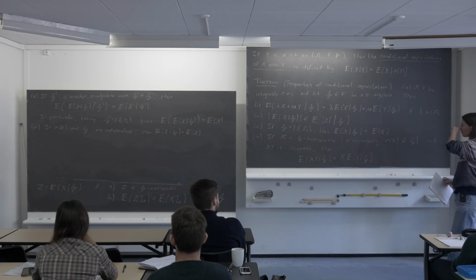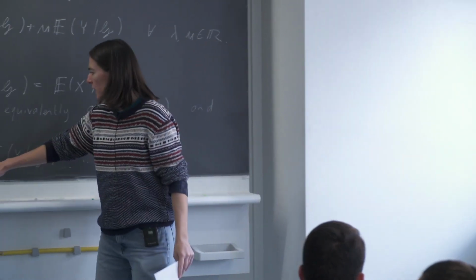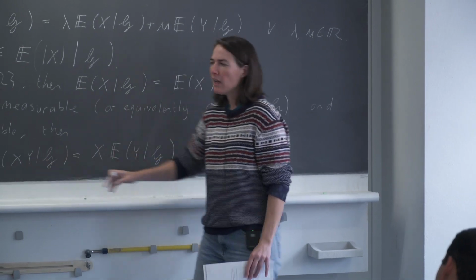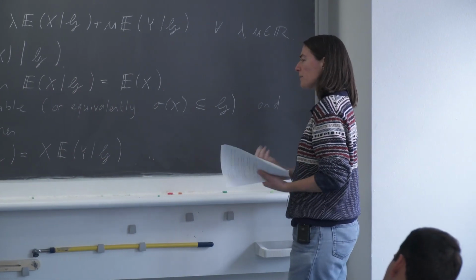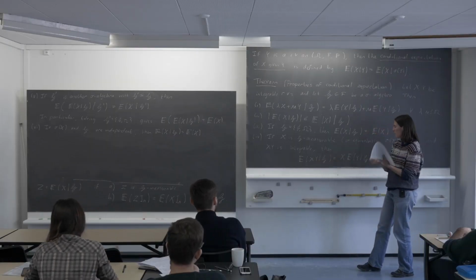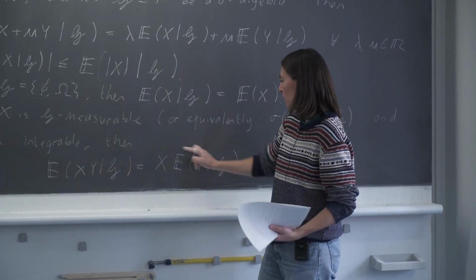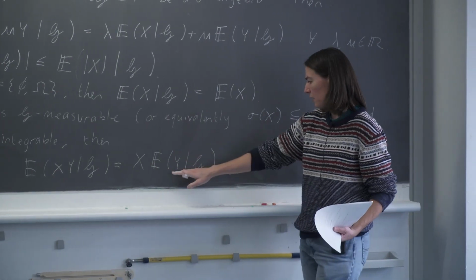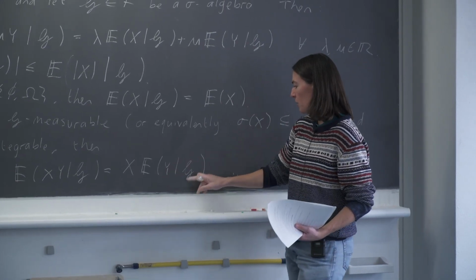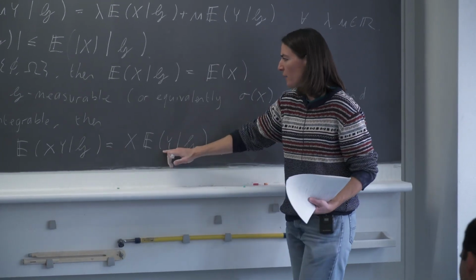Okay, so which are the useful ones? This one is particularly useful, being able to pull out measurable components. In practice, if I've got some complicated expression and I want to condition, I can decompose it into the bits that I already know the values of, and treat those as constants. Then I'm left with something which is not measurable with respect to this, and quite often, if you do things well, y might be independent.